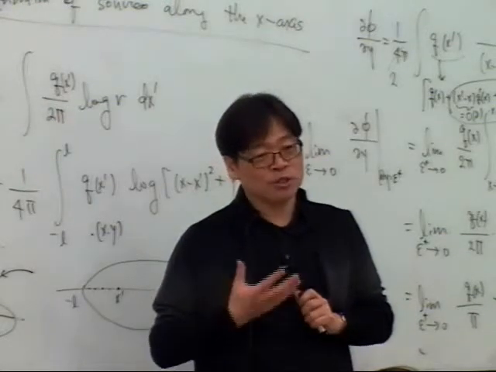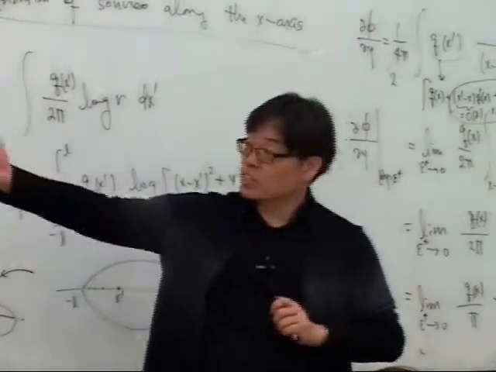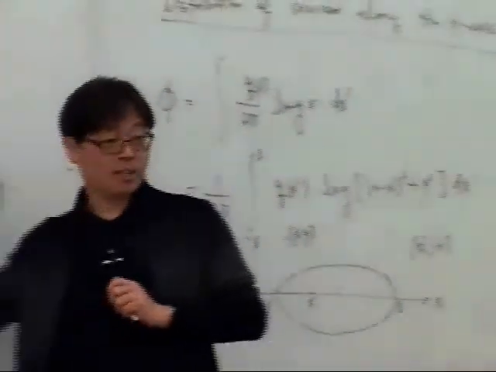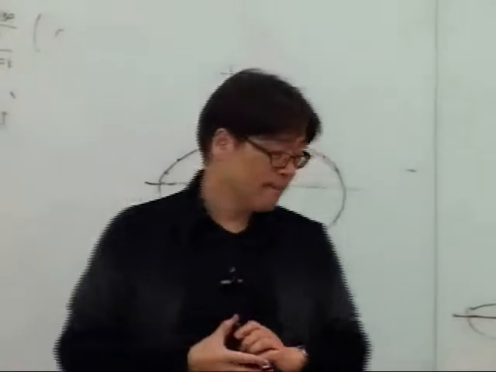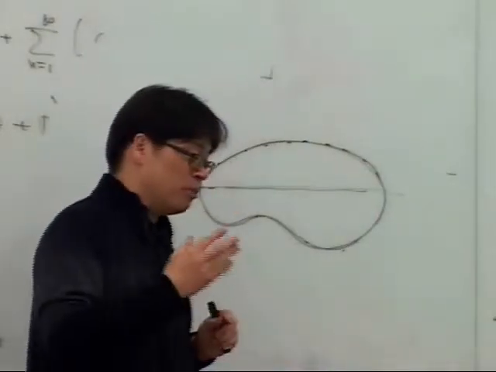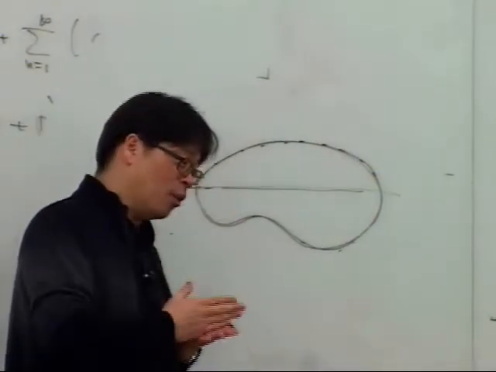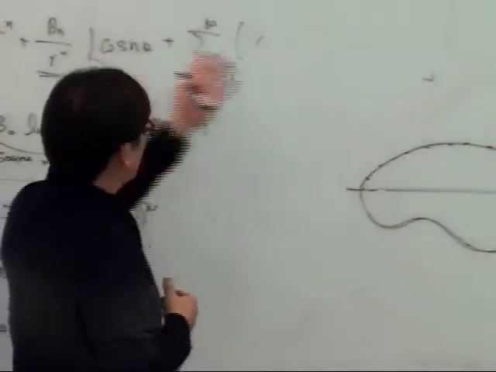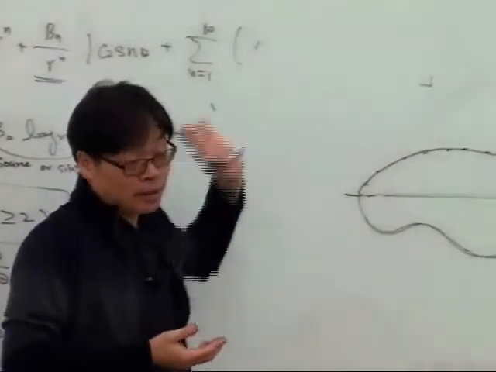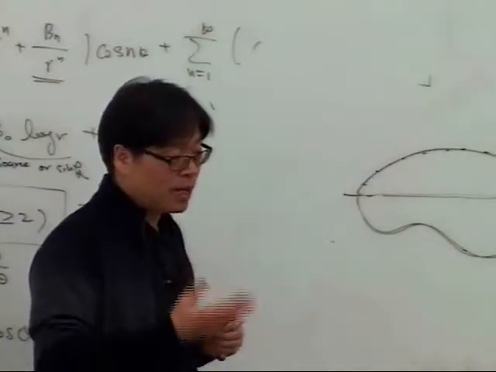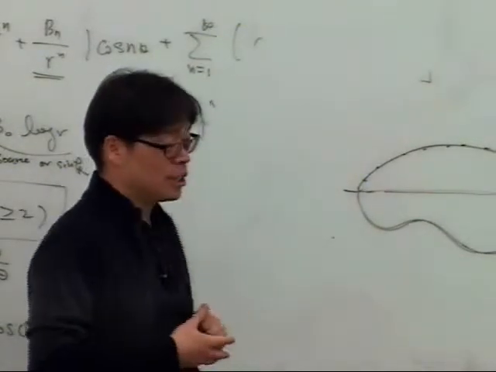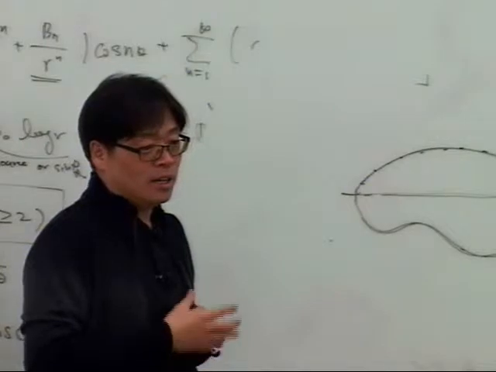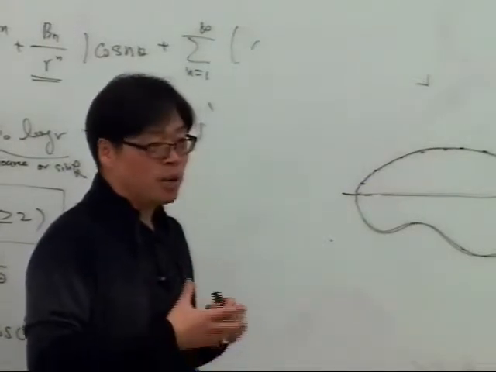But in principle, these are general solutions, so you can use any of these to represent the body. But the main difficulty is, what are B sub n, C sub n, D sub n, right? Determination of that is a crucial thing. And you choose the right singularities, which give an easier problem to solve.